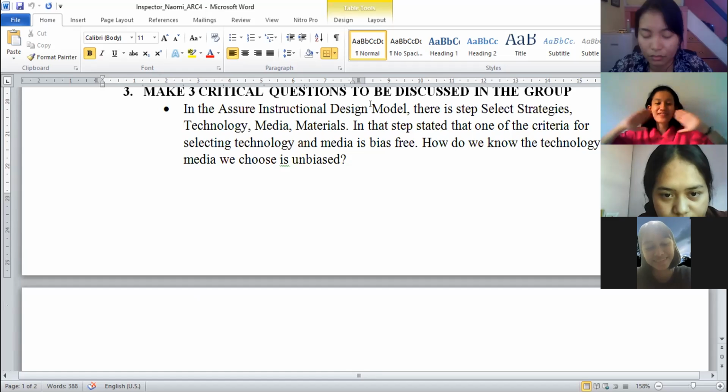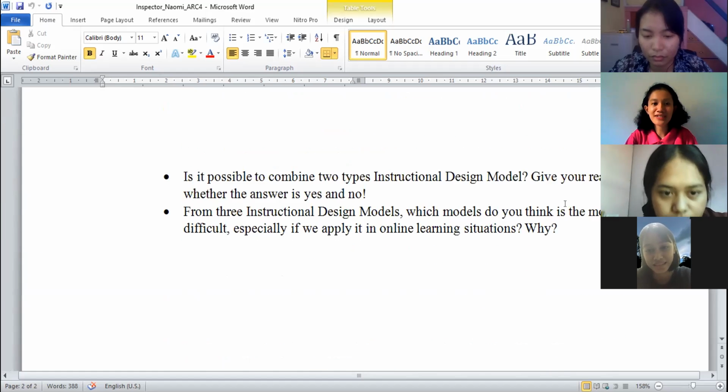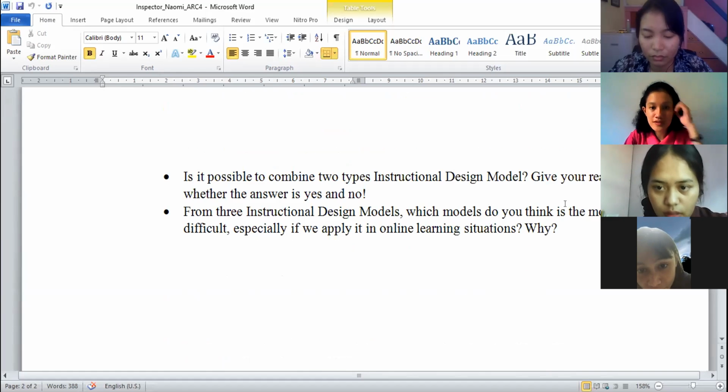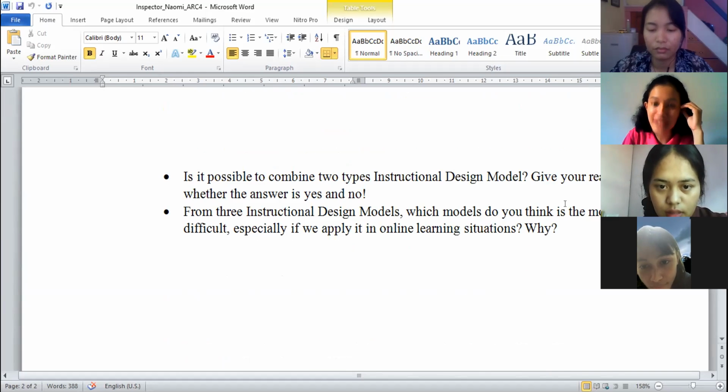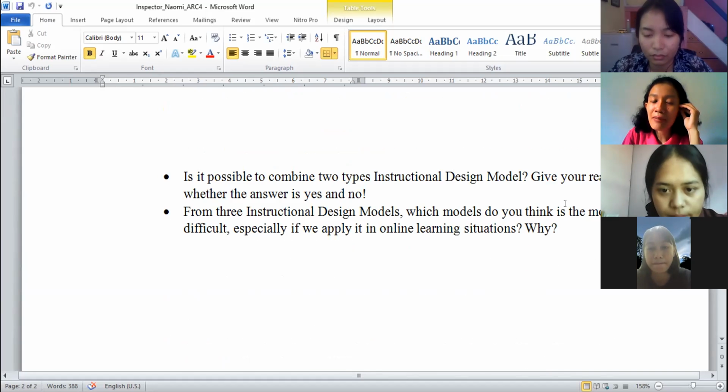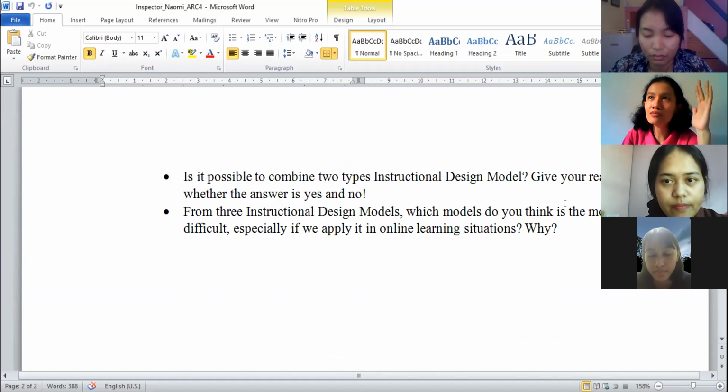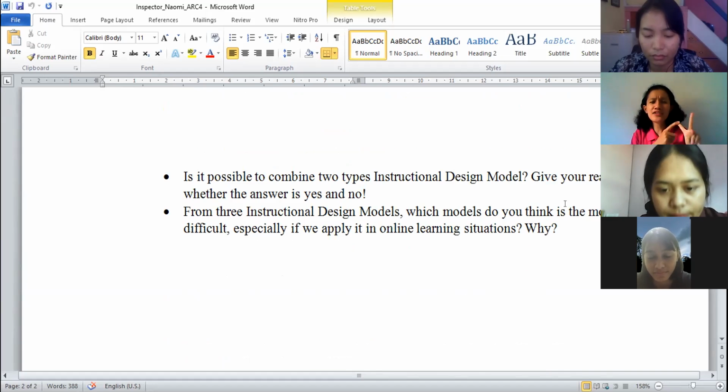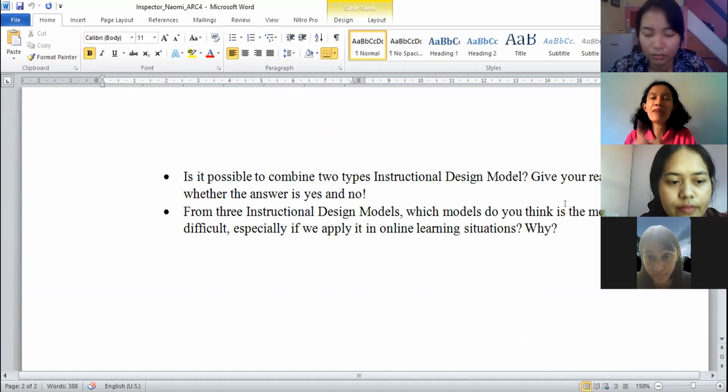Okay, thank you, guys. And the second question: is it possible to combine two types of instructional design model? Give your reason whether the answer is yes or no. Apakah memungkinkan kita menggabungkan dua jenis instructional design model jadi satu? Kalau tidak memungkinkan, apa alasan kalian?